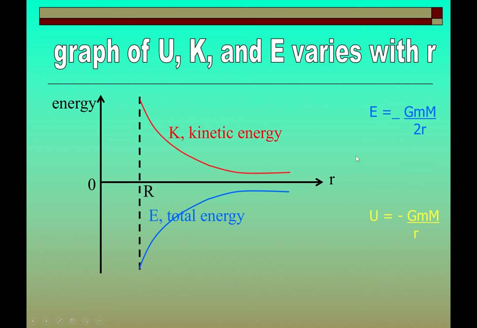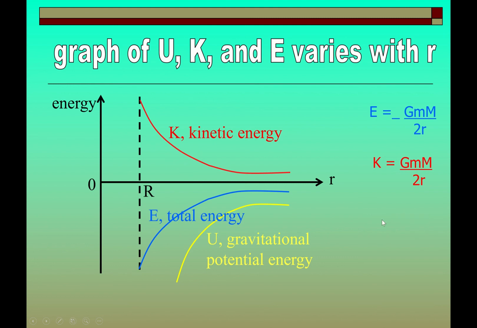Then for the kinetic energy, the graph is positive, so it is symmetrical with the total energy, because their equations are almost the same except for the sign: E is negative and K is positive. So when we plot the graph, make sure K and E are symmetrical to each other.